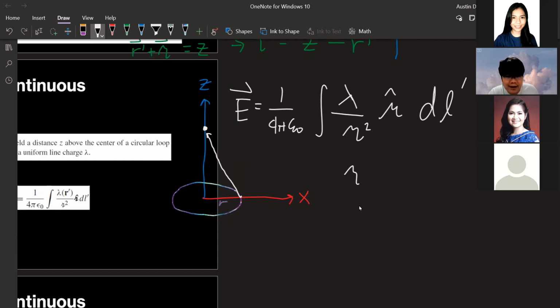And this is very simple because we know by the Pythagorean theorem that this is just r squared, the radius squared, plus your height, right? Right triangle. So this is z. So this is just this. Okay. What is your r prime?